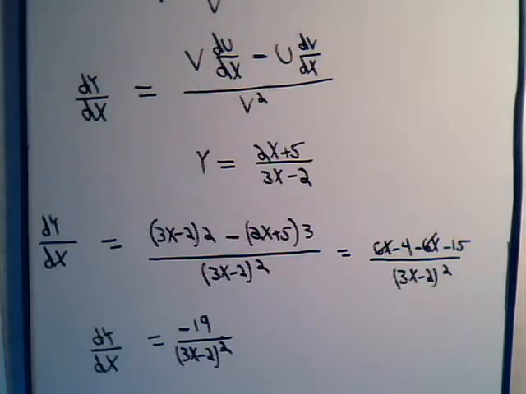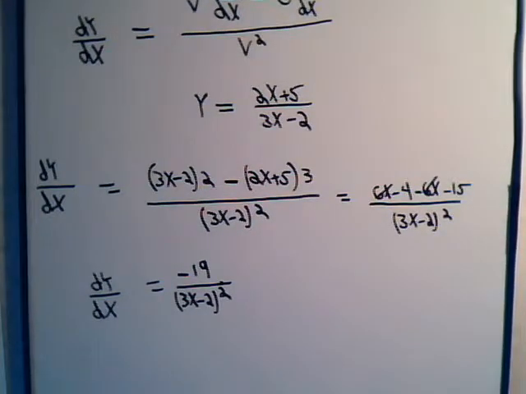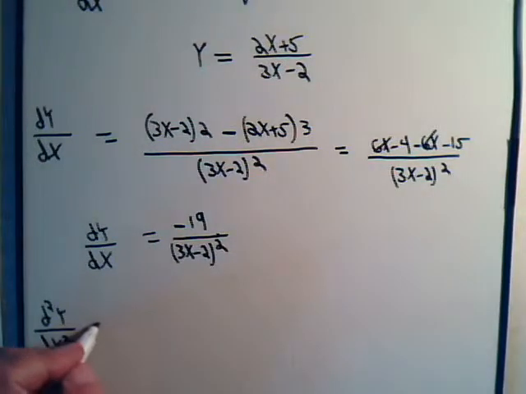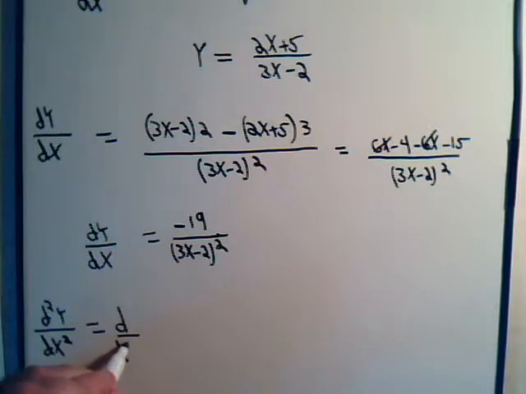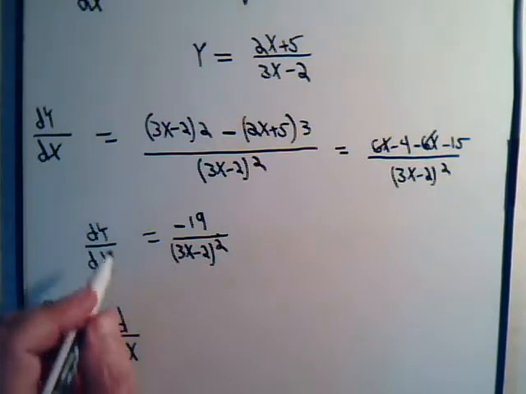Let's see, we want to make one other comment though here. Suppose that we also wanted to find the second derivative. You know what dy dx is? The second derivative, that is d dx of dy dx.